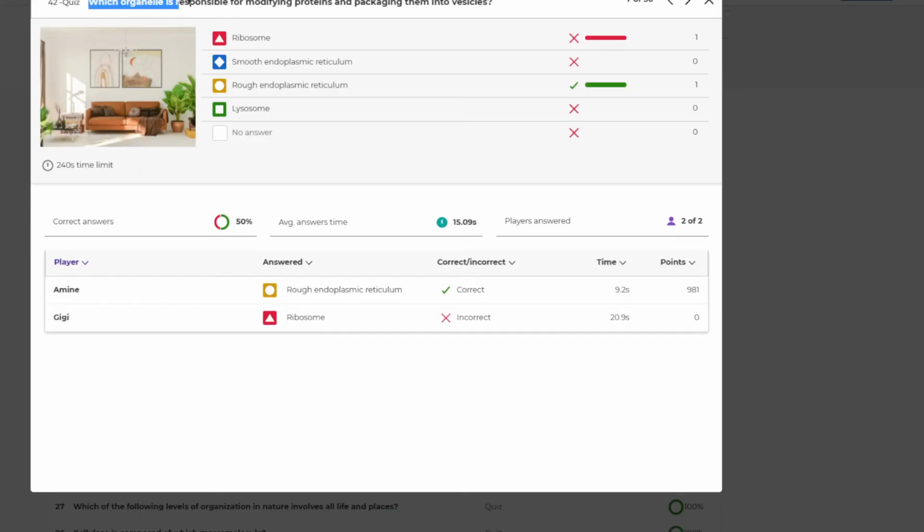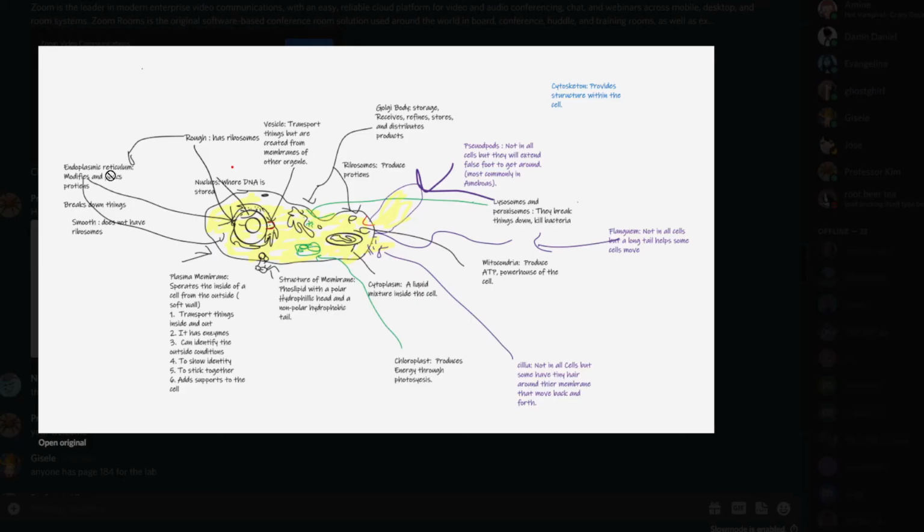The question asks which organelle is responsible for modifying proteins and packing them into vesicles. That would be the endoplasmic reticulum. The smooth breaks things down. The rough does the modification. It has ribosomes, so it's going to produce proteins, modify these proteins, and pack them so they can be sent.